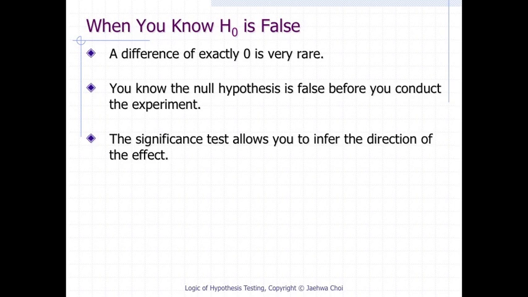There are many situations in which it is very unlikely two conditions will have exactly the same population means. For example, it is practically impossible that aspirin and acetaminophen provide exactly the same degree of pain relief. Therefore, even before an experiment comparing their effectiveness is conducted, the researcher knows that the null hypothesis of exactly no difference is false.